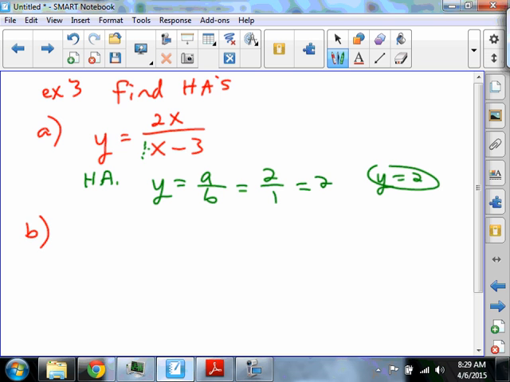So number B, let's look at y equals x minus 2 over the denominator x squared minus 2x minus 3.